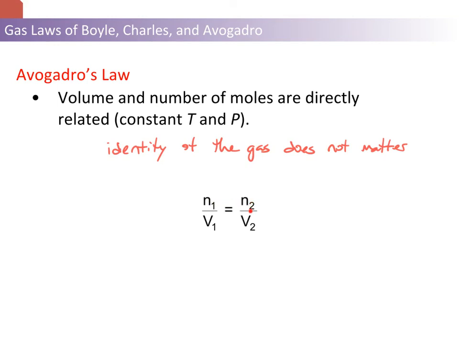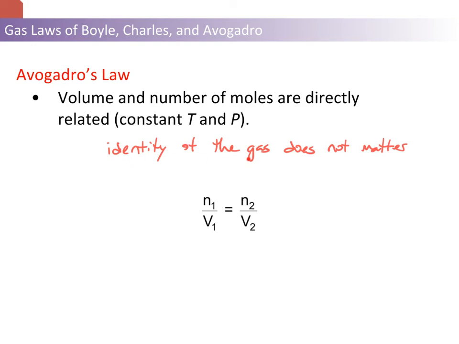It makes sense that since pressure and temperature are being held constant, the volume is going to expand to make room for that extra gas, and so they are directly related. The number of moles of gas divided by the volume of gas is equal to the moles of gas at a new number divided by the new volume of gas.